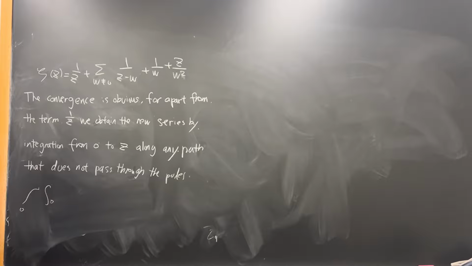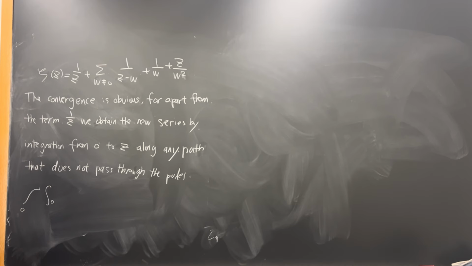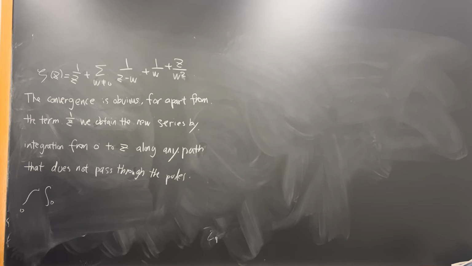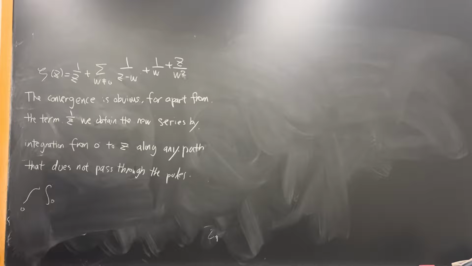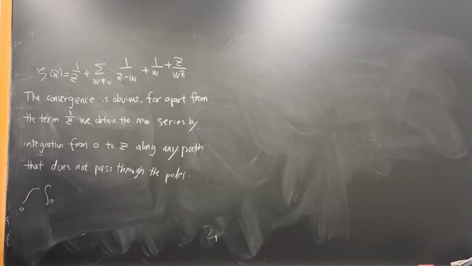We want to show the convergence of this series. In the book he writes that the convergence is obvious apart from the term 1 over z, because we obtain the new series by integration from 0 to z along any path that does not pass through the poles.